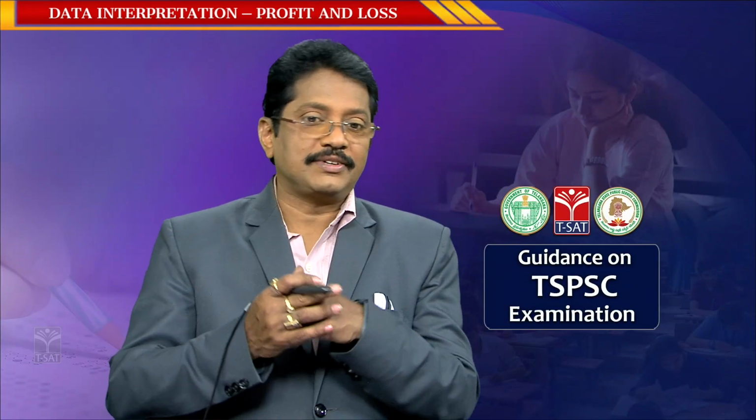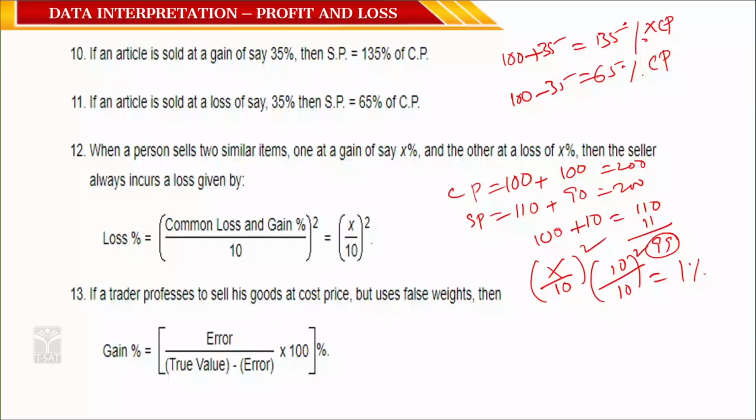How much gain will come? So, gain percentage means how much error he made, the error divided by the true value of that article minus error, into 100. So, gain percentage is error by the true value of the article minus error into 100, then you will get the gain percentage.